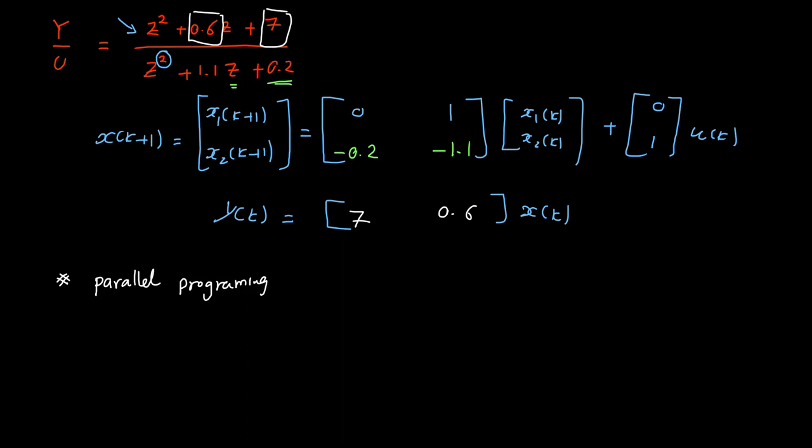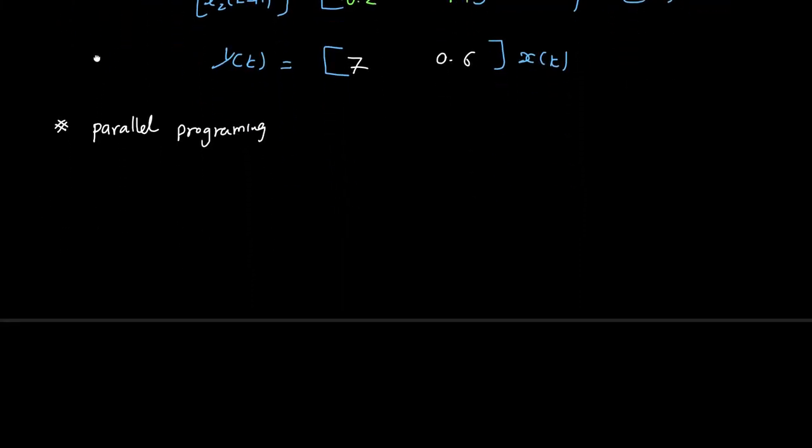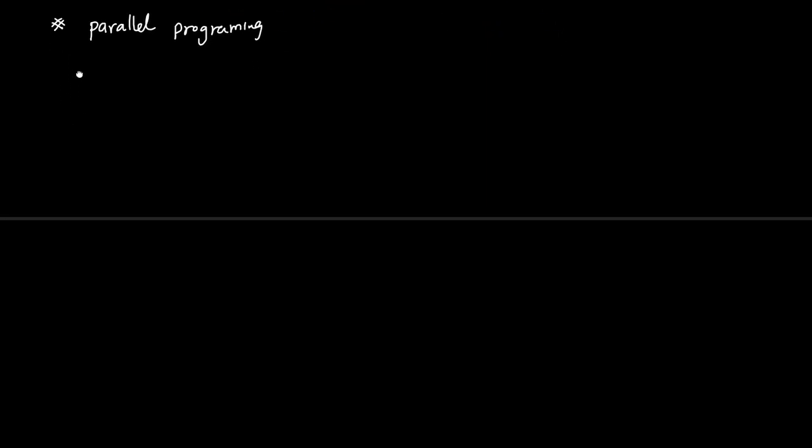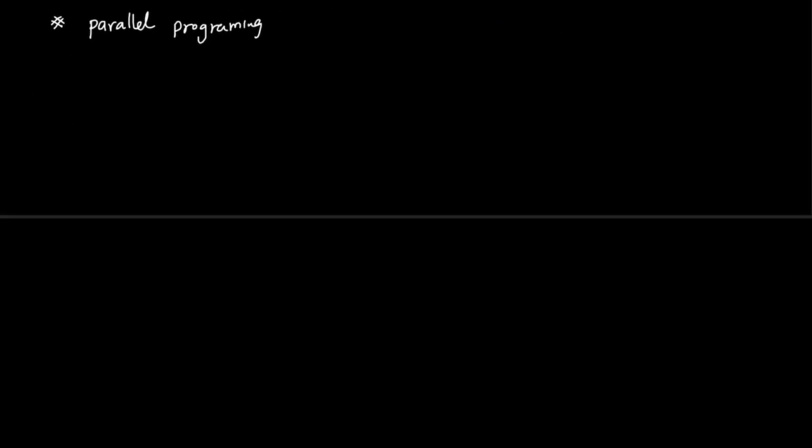And I will start with a simple example. Let's assume that we have y over u equal to 1 over z square minus 1.7 z plus 0.72, and I need to find the state space representation.